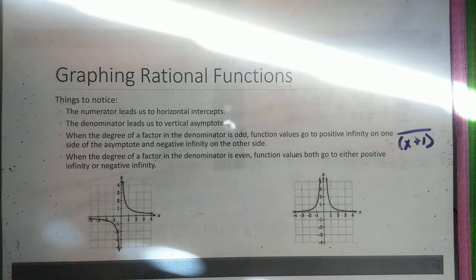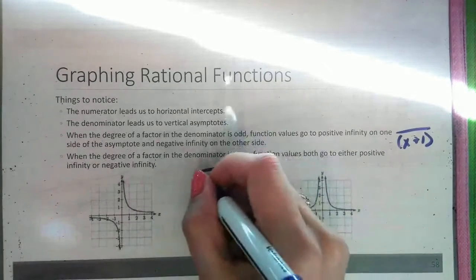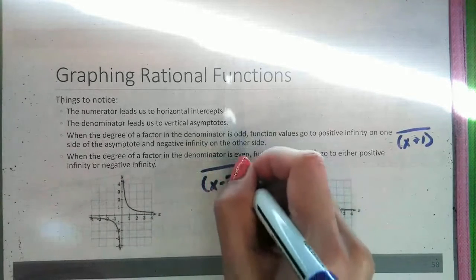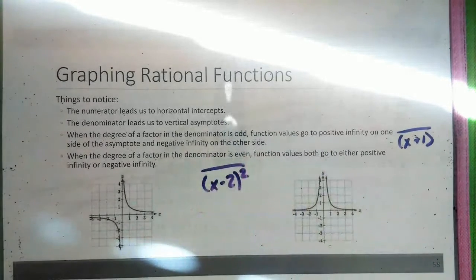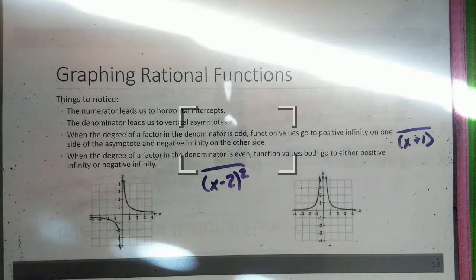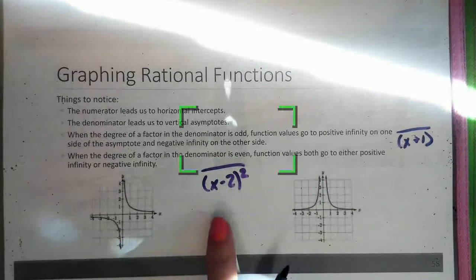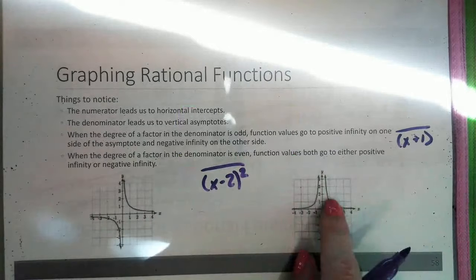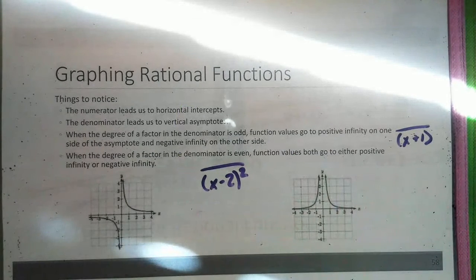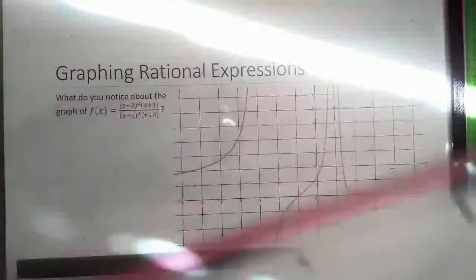Whereas if the degree of a factor in the denominator is even, so maybe if you have something over (x minus 2) squared, function values both go to either positive infinity or negative infinity. So at x equals 2, they would go the same direction on both sides of the asymptote. We'll get a little bit of practice with this stuff. So let's take a look.